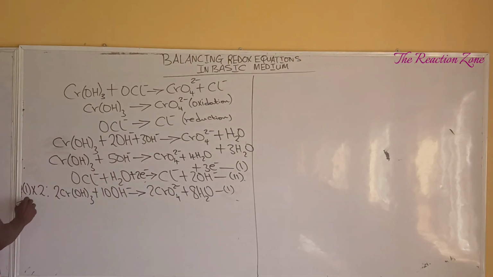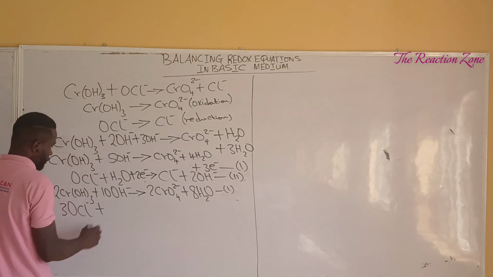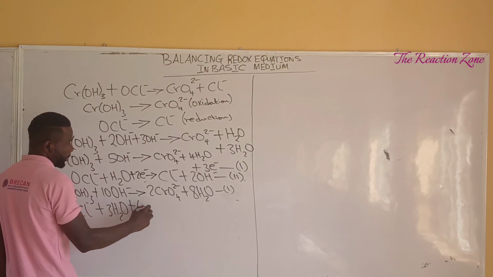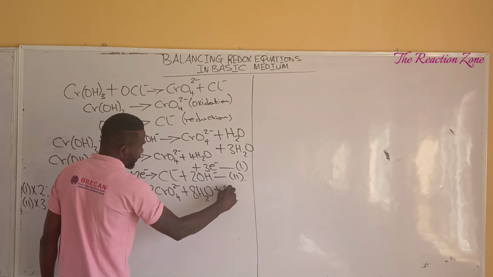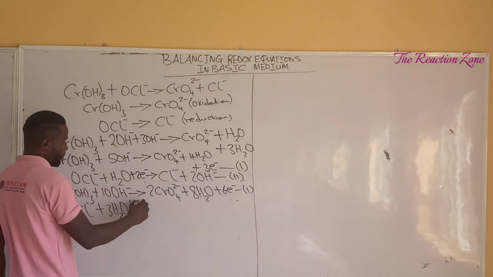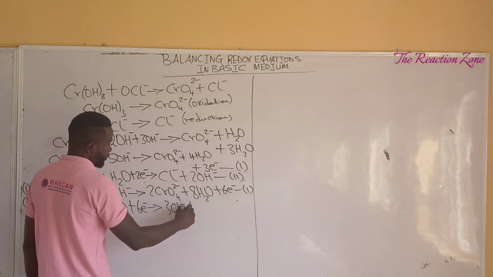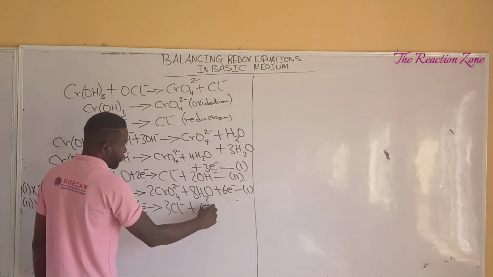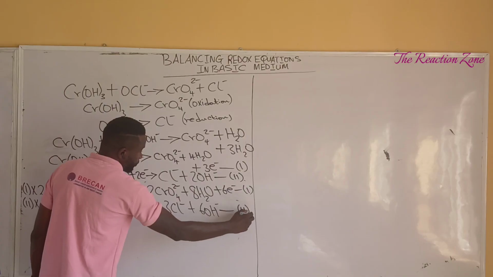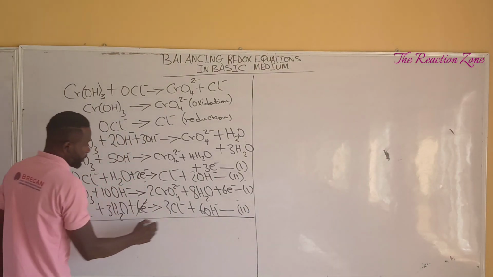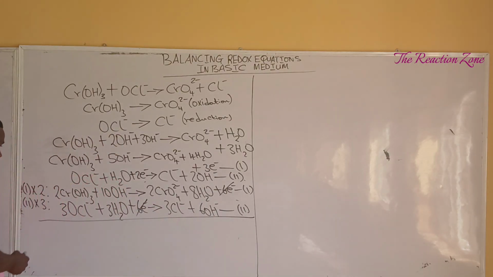And then equation 2 multiplied by 3 will become 3OCl⁻ plus 3H₂O plus 6e⁻, and this will give us 3Cl⁻ plus 6OH⁻. And this is equation 2. So, we cancel out the electrons and then add the equations together.